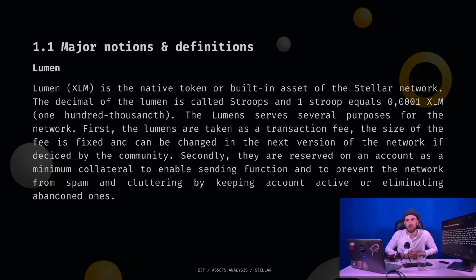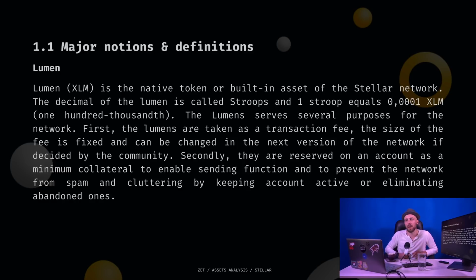The bigger the size of the transaction you want to send, the bigger the collateral you have to keep, store or stake on your account, and that concerns especially financial institutions which are interested in sending big amounts of transactions, and we're going to talk about this in a couple of minutes as well.